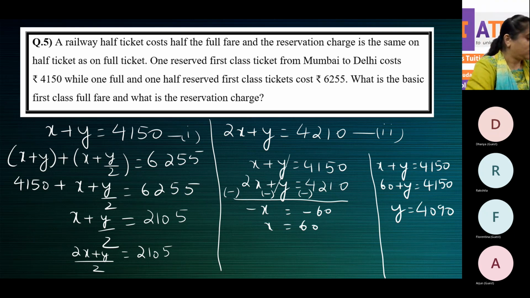What is this? 4150, right? 4150 minus, what is it? 2105, right? 2105 is 2045. Subtraction. Yeah, girls, any questions? Solving, you have some trouble, I'll help you. Oh, now you corrected yourself?